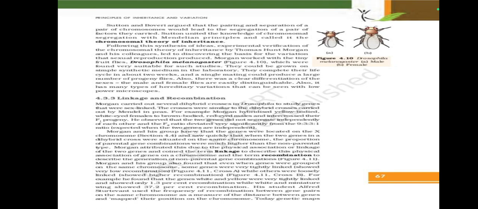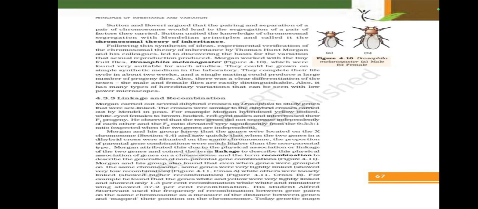For example, Morgan hybridized yellow-bodied, white-eyed females to brown-bodied, red-eyed males, and intercrossed their F1 progeny. He observed that the two genes did not segregate independently of each other, and the F2 ratio deviated significantly from the 9:3:3:1 ratio expected when the two genes are independent.